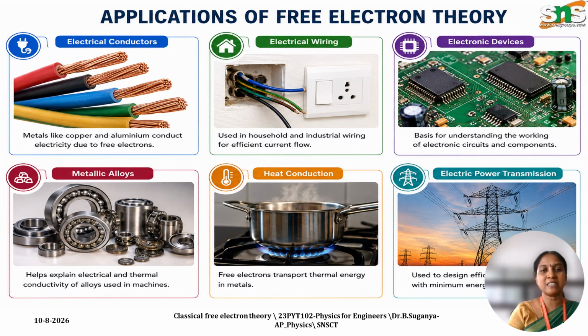It is used in electrical conductors, electrical wiring, and all electronic devices have circuits, and the circuit uses this concept. Next are metallic alloys, then heat conduction, then electric power transmission.